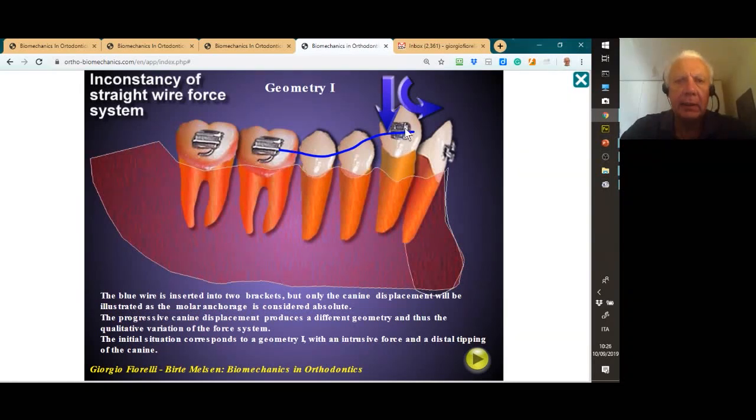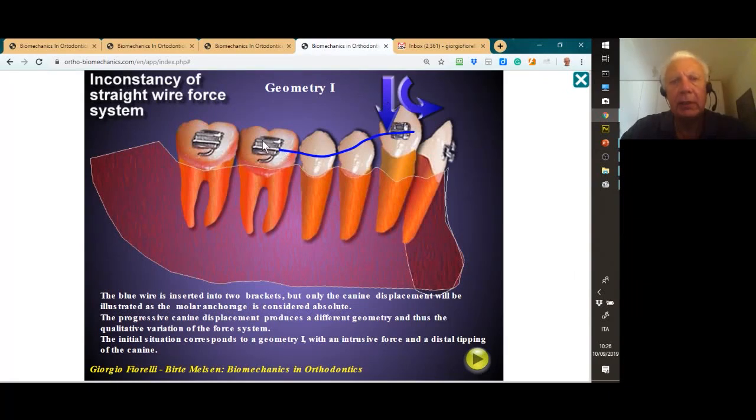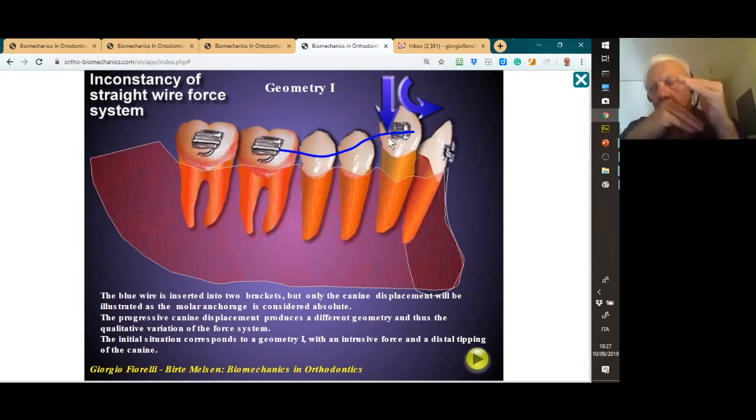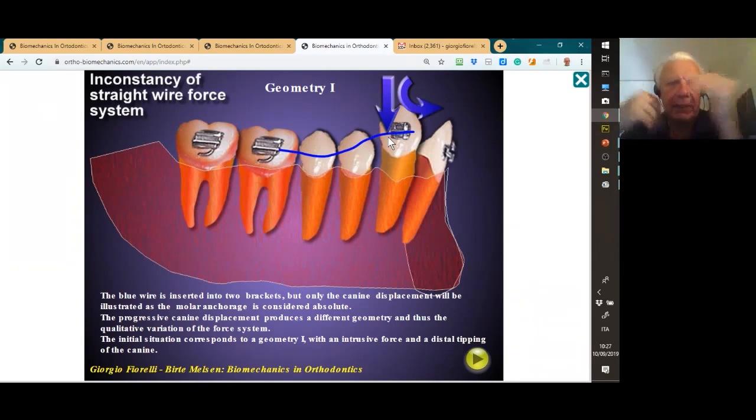And the canine is extruded here, and I place a wire here to level these two teeth. The result of this mechanics is very much depending on what I call a possibility of displacement.